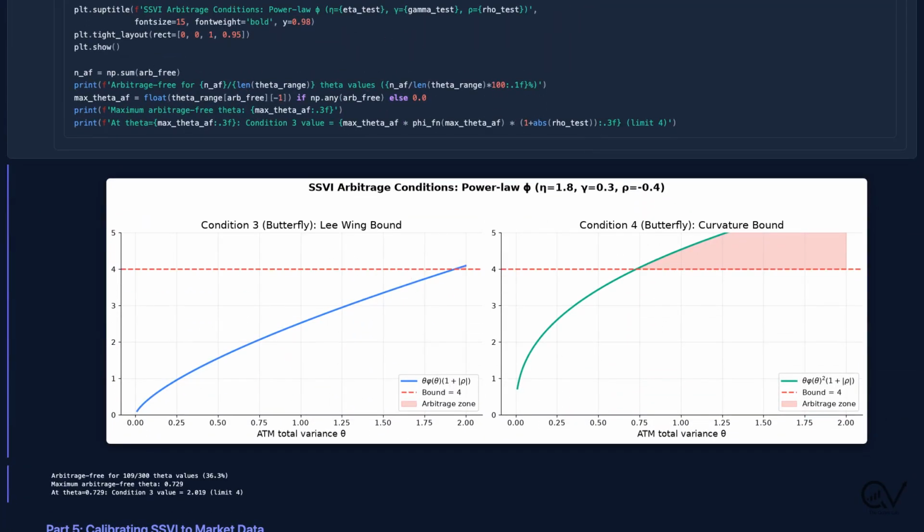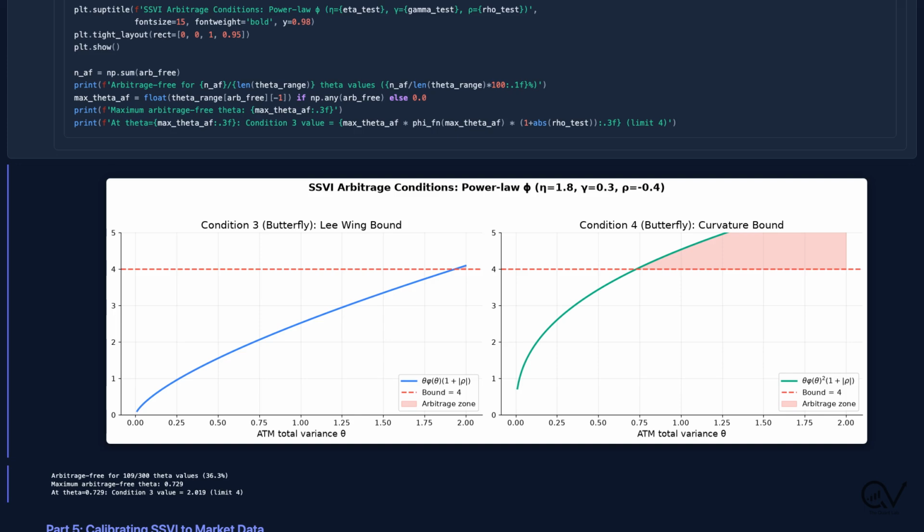The two panels show the butterfly arbitrage conditions for our power law SSVI surface. The left panel plots theta times phi theta times 1 plus absolute rho against the threshold of 4. For small theta, short maturity options, we are well below the threshold.